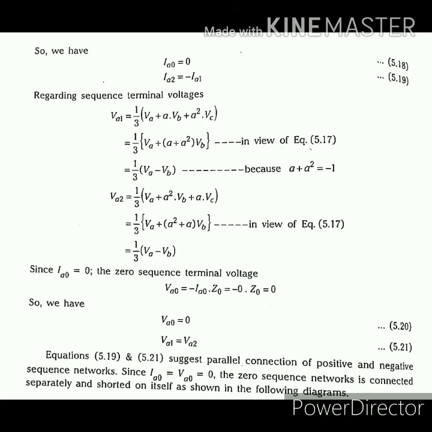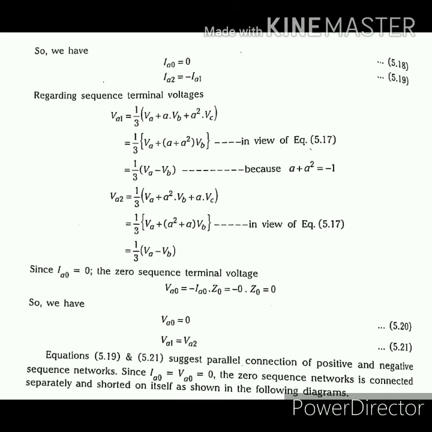Using that equation, we will get VA1, then we have VA2, and both are equal. So we can say VA1 is equal to VA2. Now we also have to calculate VA0, right? We have the relation VA0 is equal to minus IA0 into Z0. But our zero sequence current is 0. Therefore we can say VA0 is also equal to 0.